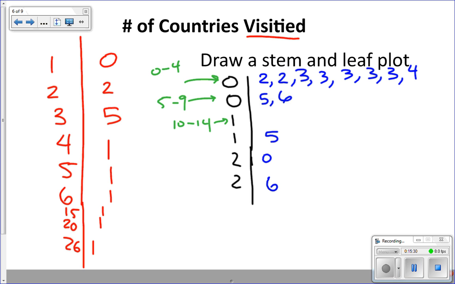What's an outlier according to the book? It stands away from the body of the distribution. Extreme values that don't appear to belong with the rest of the data. Okay.